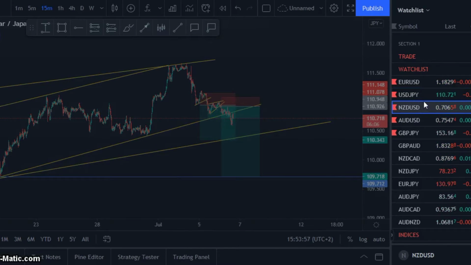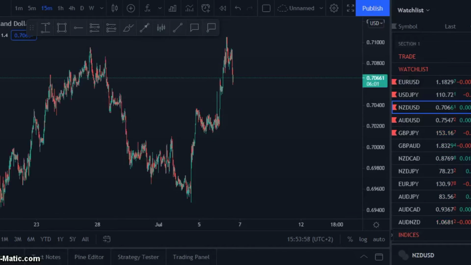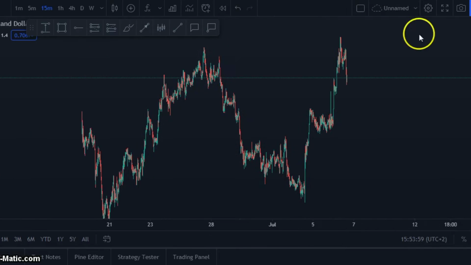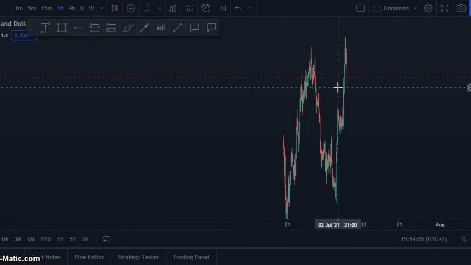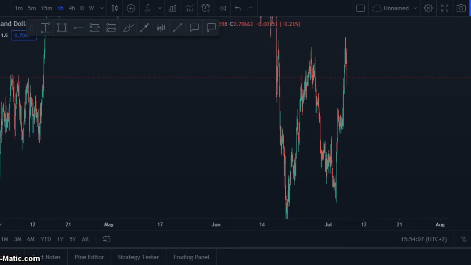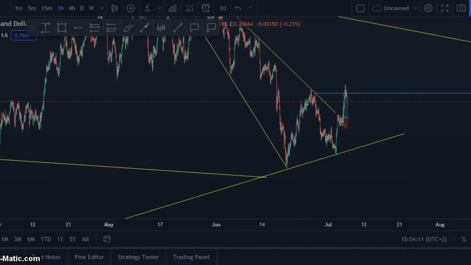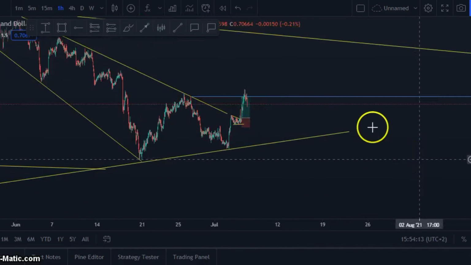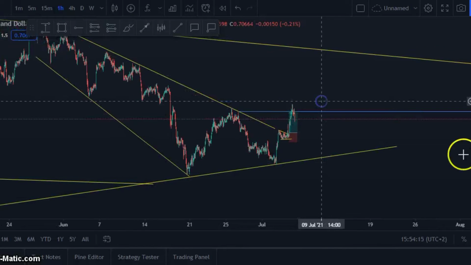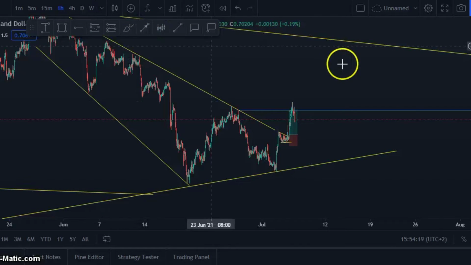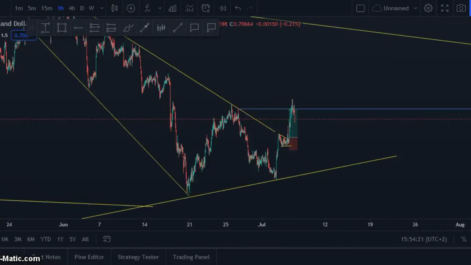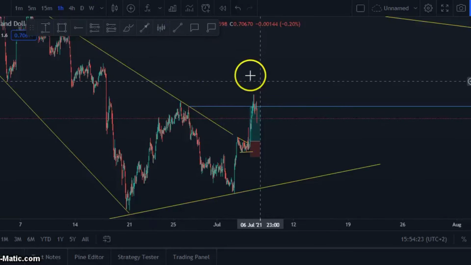Let's go to New Zealand USD. Let's go back to the 1 hour time frame. So if you look at this pair here, what I did here was, as you can see, the higher time frame structure is already in place.